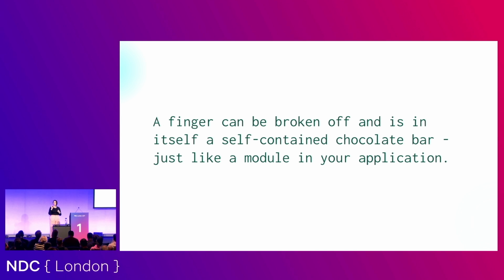So we want to write our modules in such a way that I can take an entire module, make it an executable, deploy it, and nothing changes. That's the idea behind it. When you structure and architect your modular monolith correctly and with thought, you are ready to go distributed.